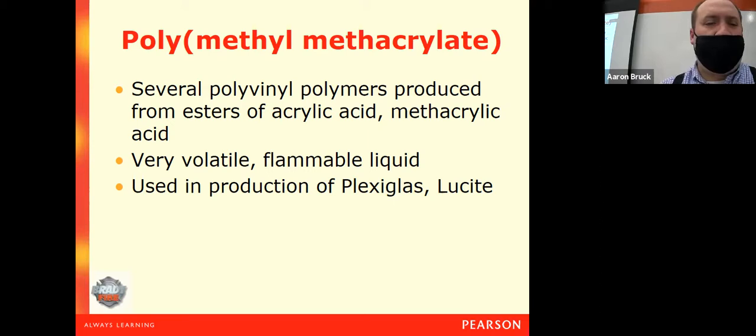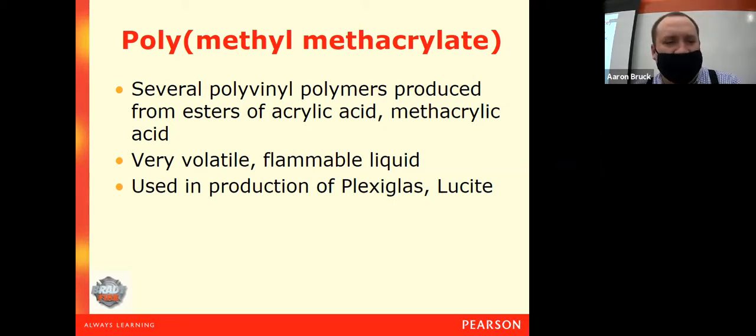These substances on their own, prior to polymerization, are volatile and flammable, but they make some pretty cool compounds. Plexiglass being one of them. So that's your kind of artificial shatterproof glass. You can find it in a lot of places.